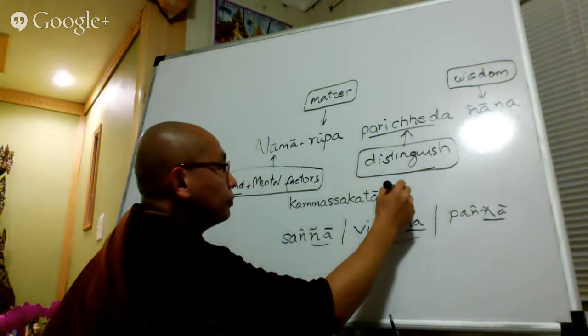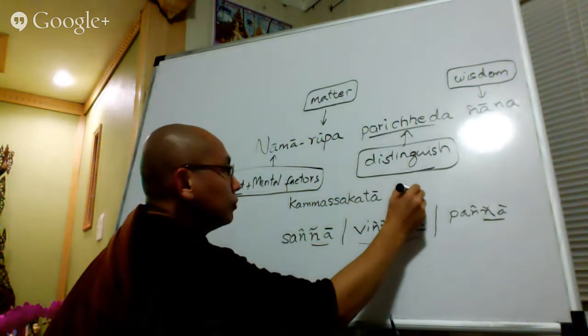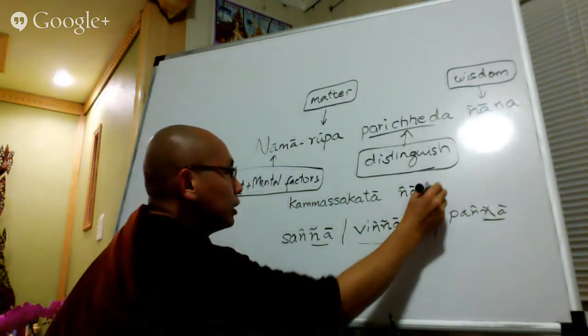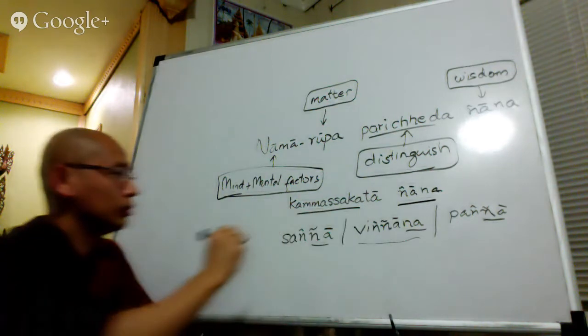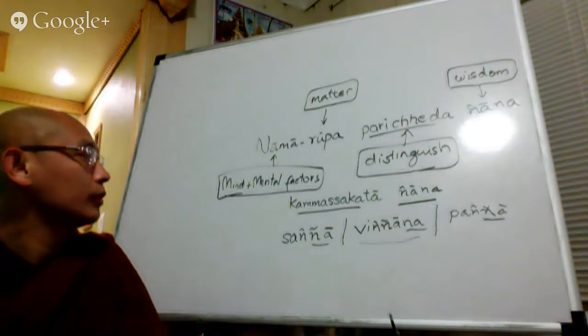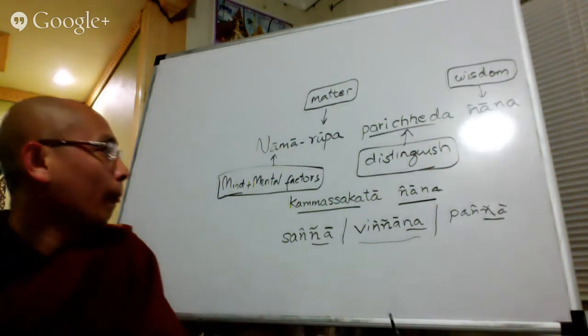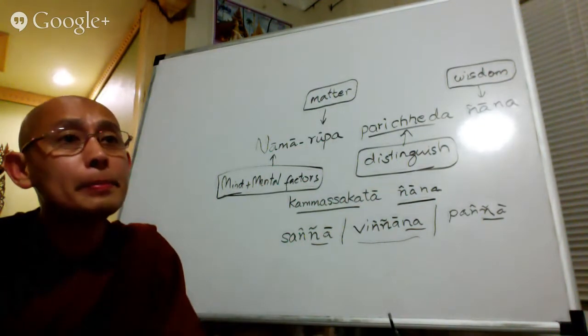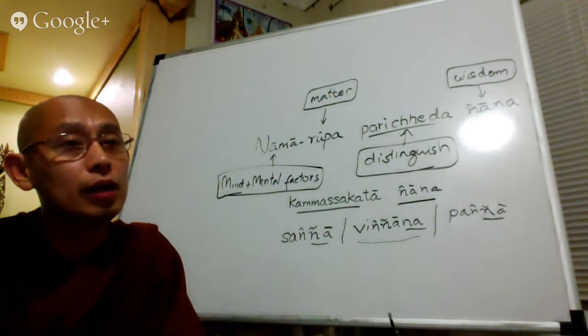Jnana. Jnana, wisdom. That's knowing cause and effect. Yeah. The law of cause and effect.